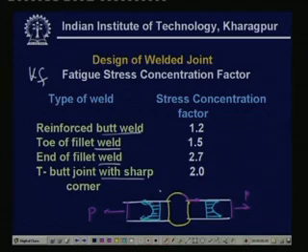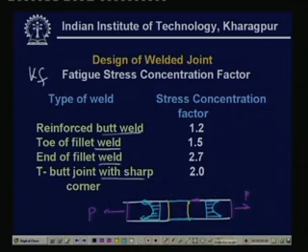Now, how to avoid that? Sometimes we cut it off, that is here, and we remove this part. Similarly, we remove this part. So, then the stress concentration may be reduced. If we have a fillet joint, then the stress concentration is again quite important.